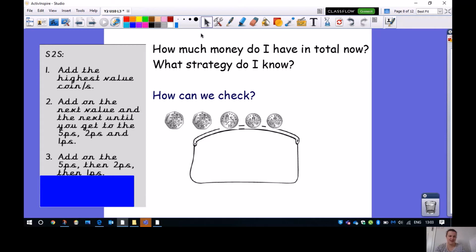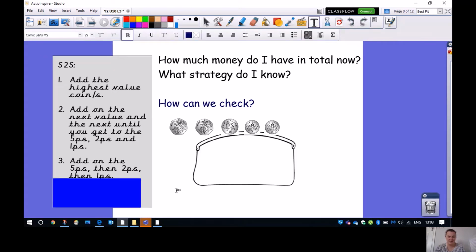So I'm going to add my highest value coins together first, and I know that 20p add 20p equals 40. Then I need to add a 10, and 40 add 10p is 50p, and then I need to add the next.